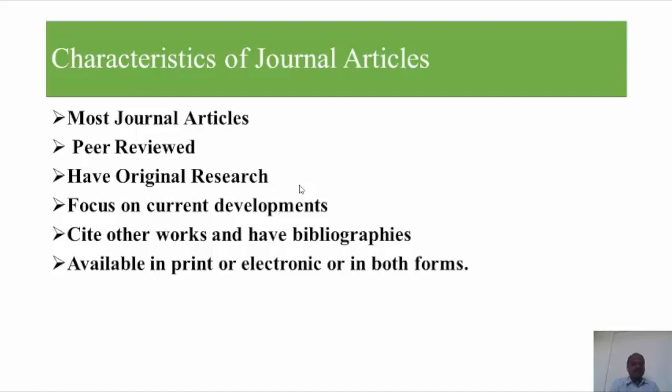You have to give bibliographies in your research article. So a journal article must cite other works and have bibliographies. Then a journal may be available in print or electronic form, or it may be available in both forms, print and electronic.